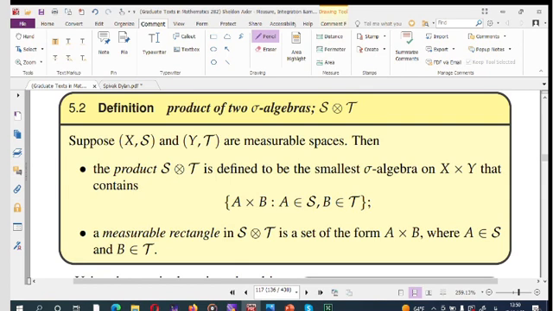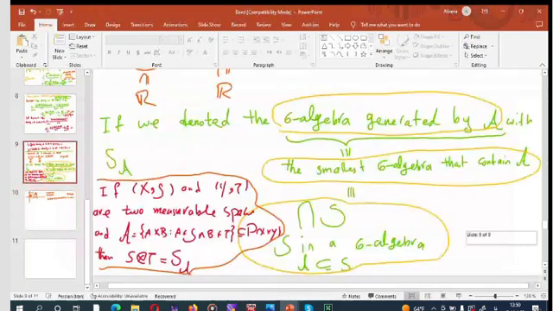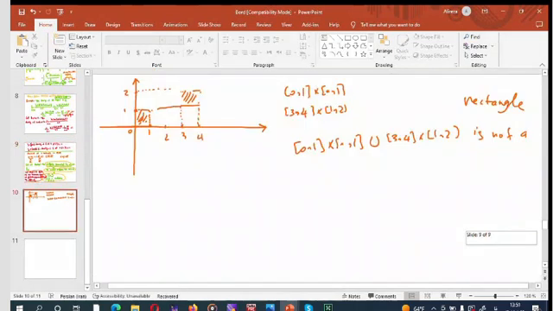So this definition is very clear. S tensor T is S of A. I repeat this again for you.